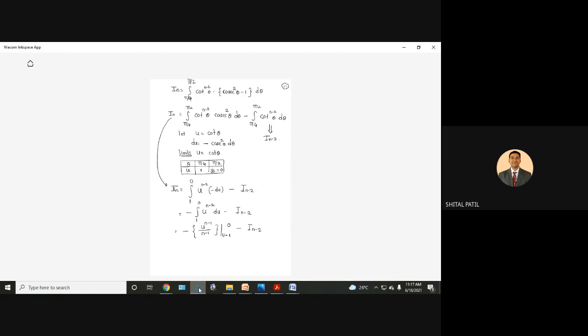So it is minus of upper limit 0, lower limit 1. So we have I_n equal to 1 upon n minus 1 minus I_{n-2}. Hope you might have understood it.